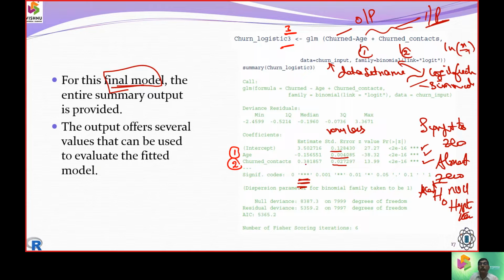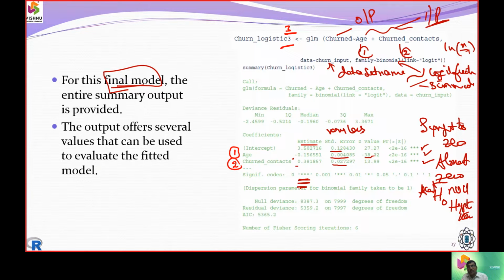Even the estimate value for age and the churn contact is also 0.3, which is relatively even. This is at the minus score. So these are all positive indications that age will be the optimal way to fit into the model. That is, age affects the persons to churn from one mobile company to another mobile company, to switch from one mobile company SIM card to another company's SIM offers.